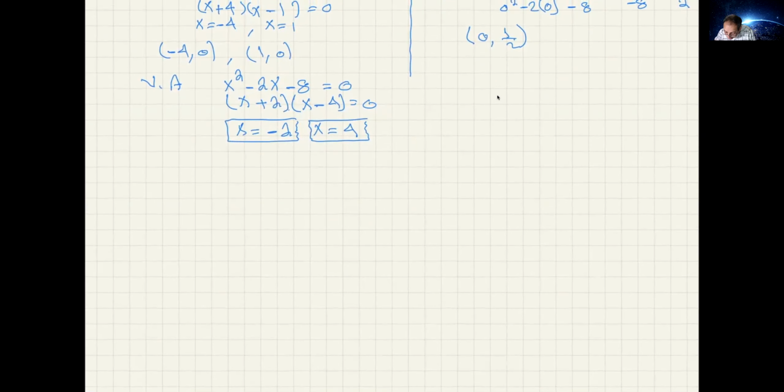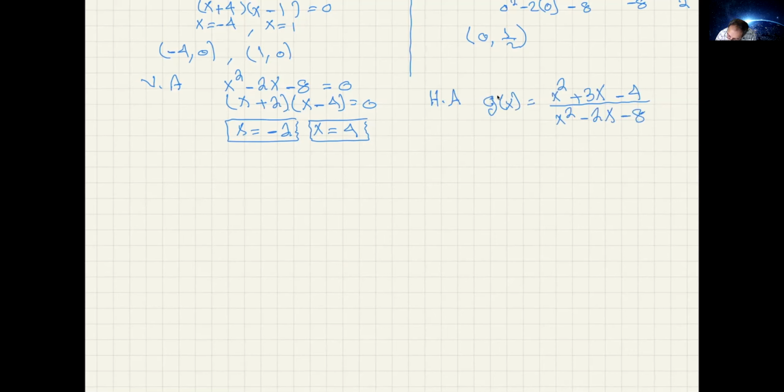So I computed the vertical asymptote. So what about the horizontal asymptote? I have g of x is x squared plus 3x minus 4 divided by x squared minus 2x minus 8.